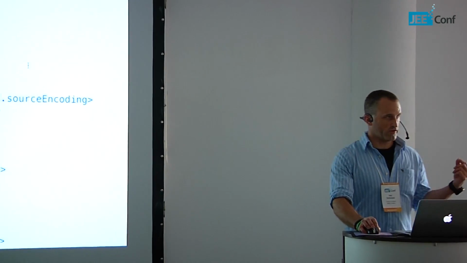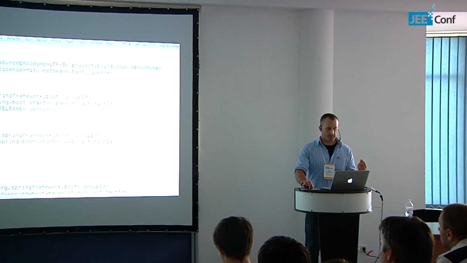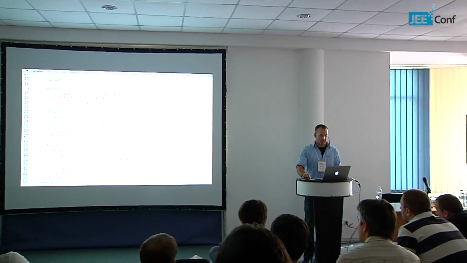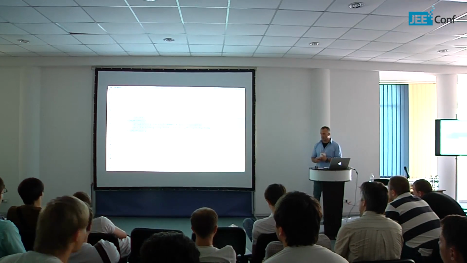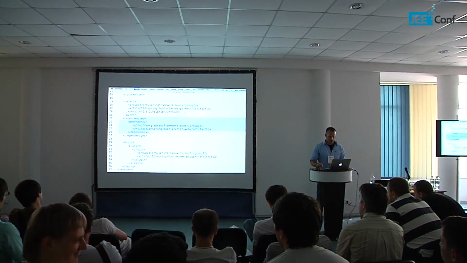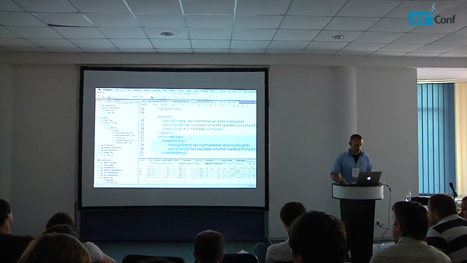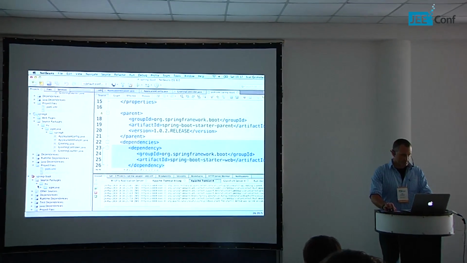So the fourth way of doing this is to use something called Spring Boot. And here, the only dependency I have is Spring Boot Starter. And my code is exactly the same.